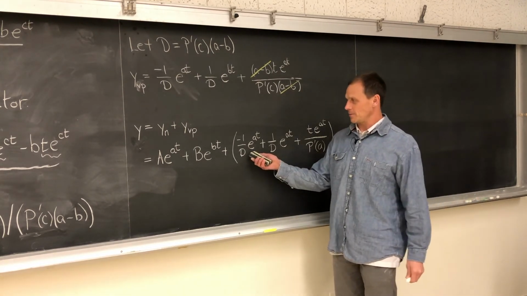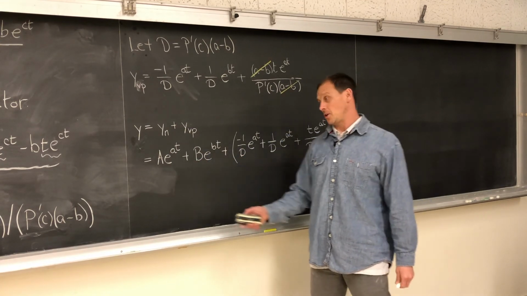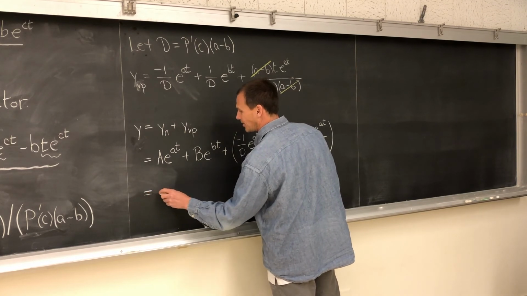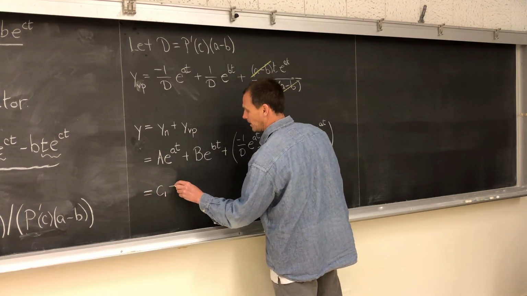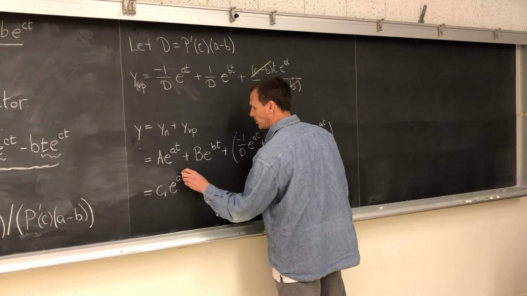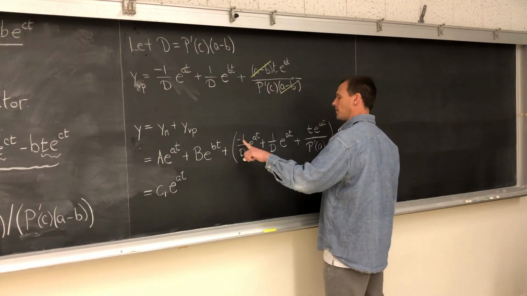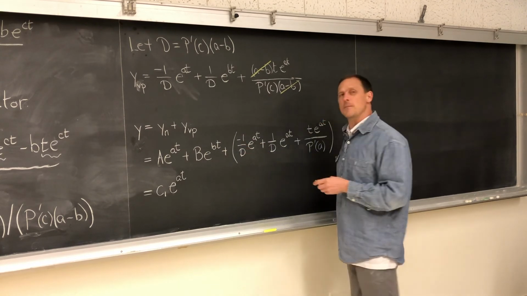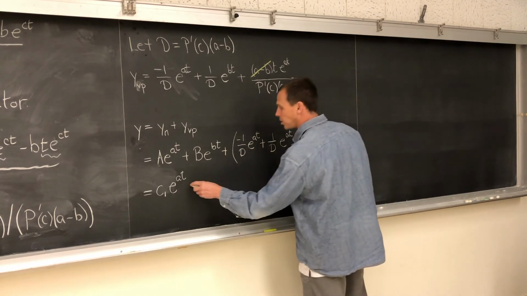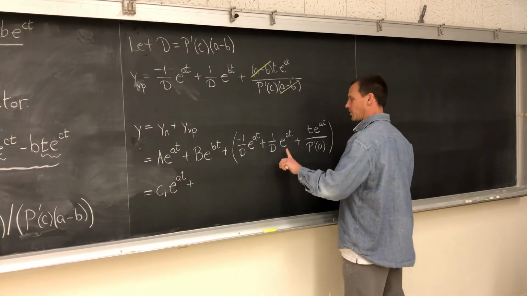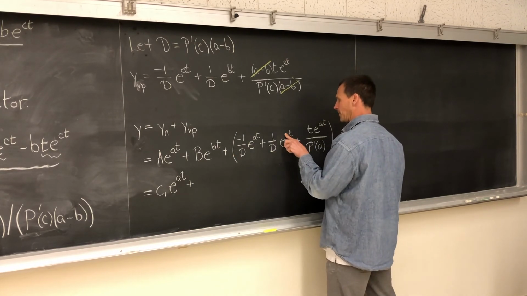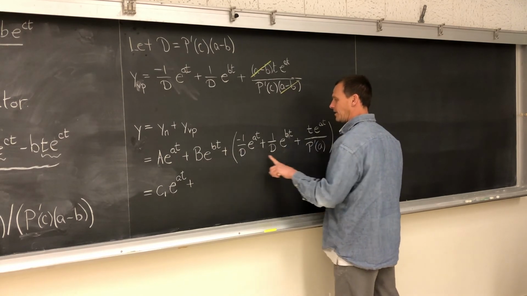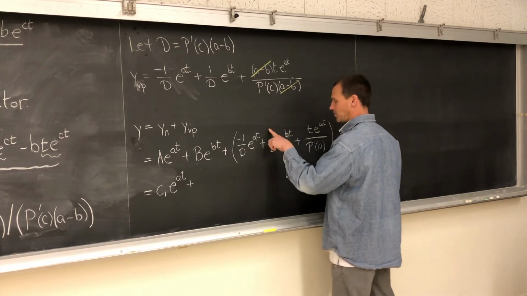Now, here's where this all comes together. These are like terms. So if you had a different solution, you could combine those, and you could just use some C1 e to the at. If you just factor these, A minus 1 over D is just some number. It doesn't matter what it is. Plus, if we do that with our next set of terms, B plus 1 over D is just another number.